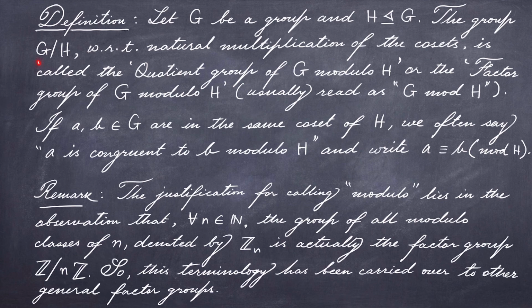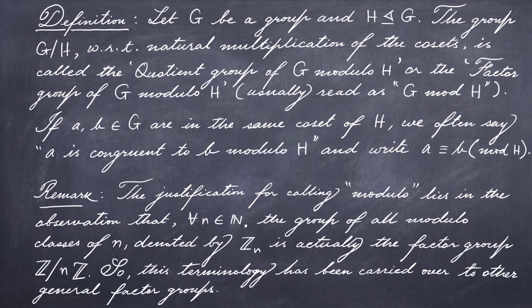So this group, where the set is the set of all left cosets and the operation is the natural multiplication, is called the quotient group of G modulo H, or factor group of G modulo H, and it's usually read as G mod H.